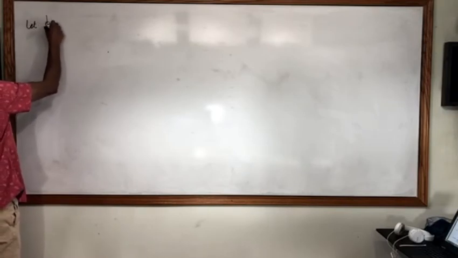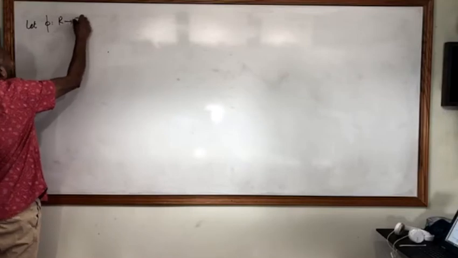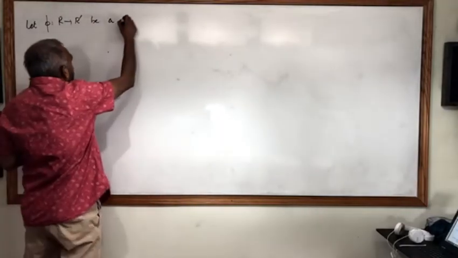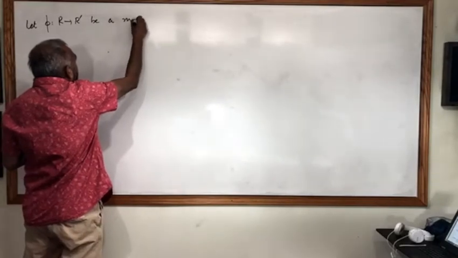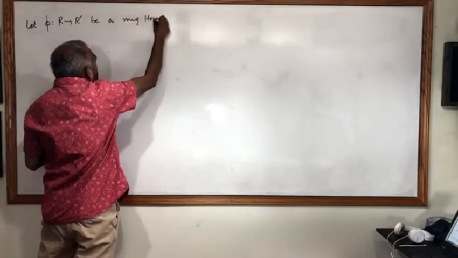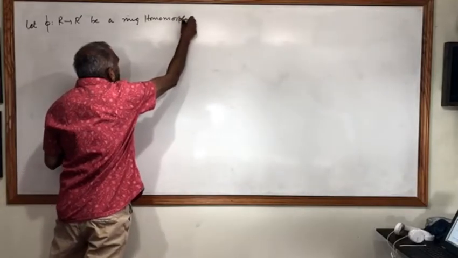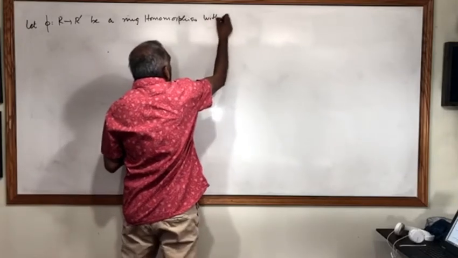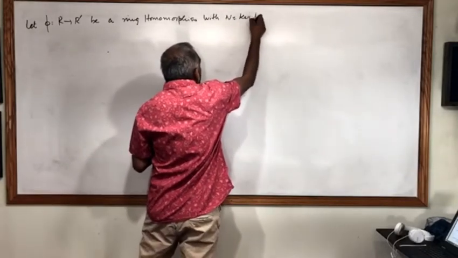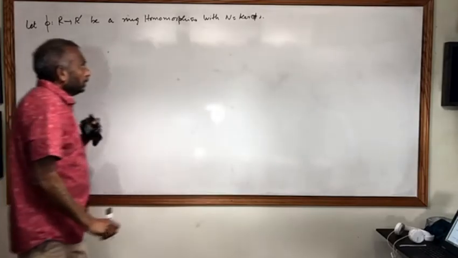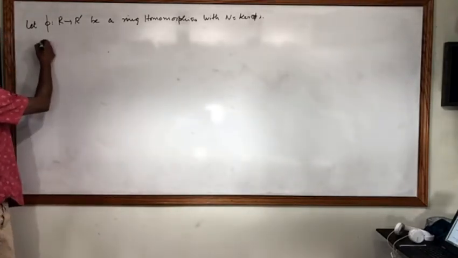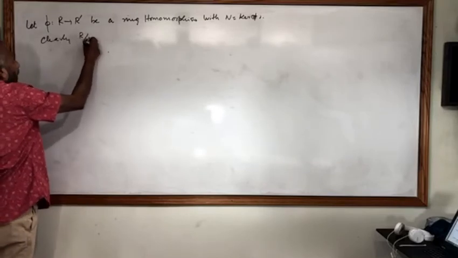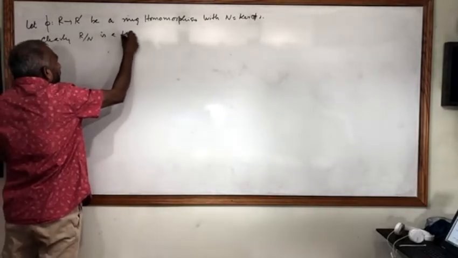Let phi from R to R prime be a ring homomorphism, with N equal to the kernel of phi. Then clearly R by N is a factor group.